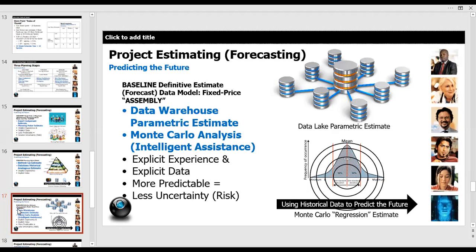What Monte Carlo does is it uses the computer to then match that to basically every kind of probability that you can think of for the project to create a huge range of possible outcomes. And this is where the data needs to be available historically so that your intelligent assistant can start to look at and help you identify which projects need to be prioritized over other projects.